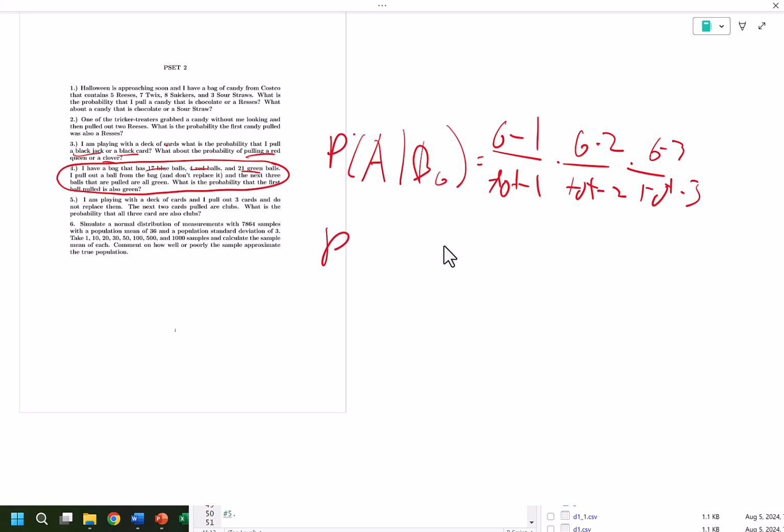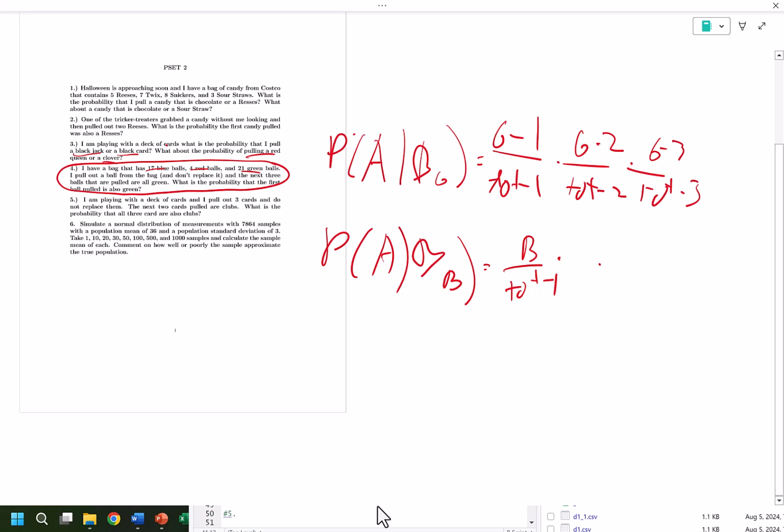For the rest of them, it'll look fairly similar. For example, for blue balls, it'll be blue over tote -1, given that we pulled out the green, and so on for the next 3. So 1, 2, 3.